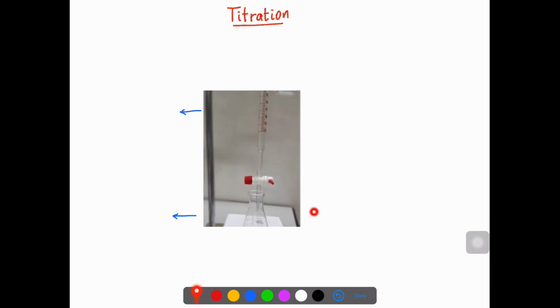This process is called titrating, and you keep adding until all the compound in your conical flask has completely reacted, that is, when all the moles of your substance in the flask have reacted. So how do you keep track of when these two substances have reacted in their stoichiometric ratios? How do you do that?